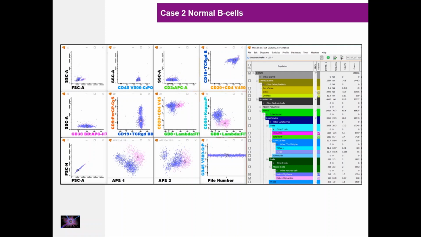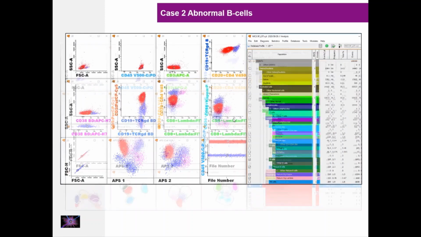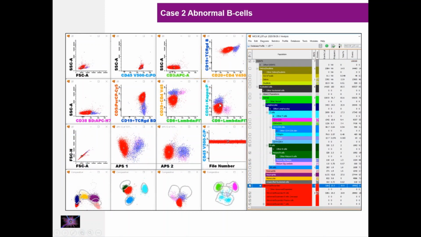Now, coming to the second case, I'm going to show you the normal B cells, the kappa and lambda normal B cells, and then to check the alarms told us to verify another clone, another group of cells, another cluster of cells, and this cluster expressed CD5, had heterogeneous expression of CD20, and they were small cells.